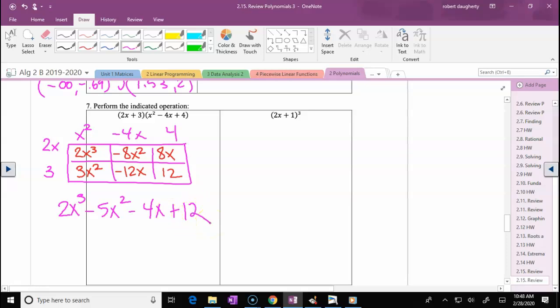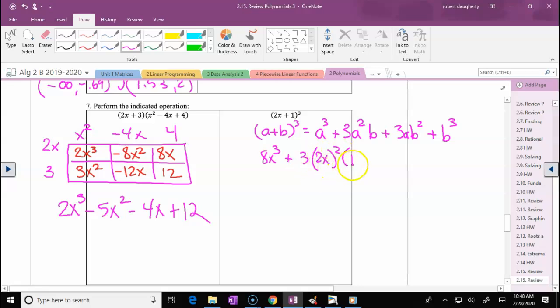2x plus 1 cubed, okay? We have a formula, a plus b cubed is a cubed plus 3a squared b plus 3a b squared plus b cubed. That's one way of doing this. That would give me, so you get 8x cubed plus 3.